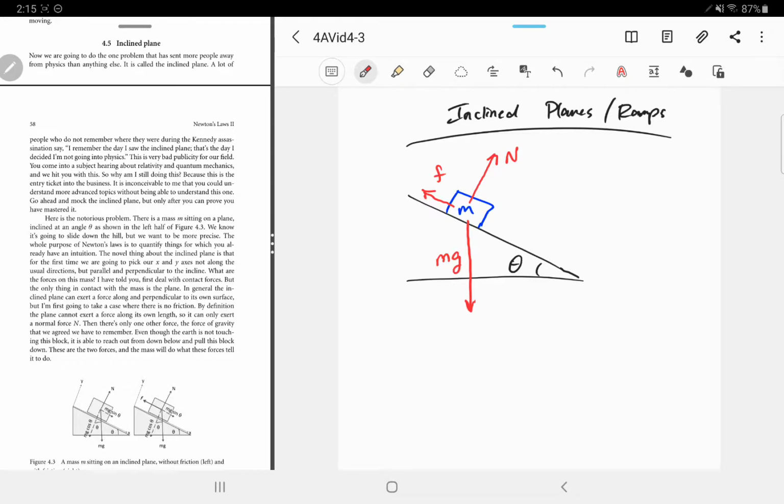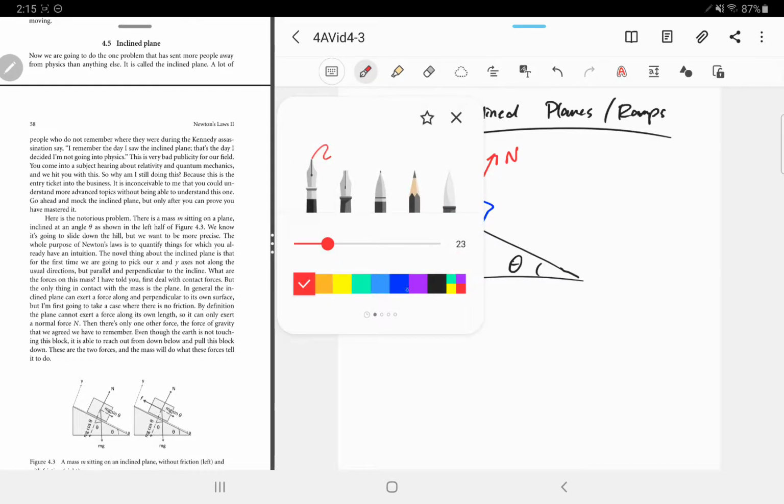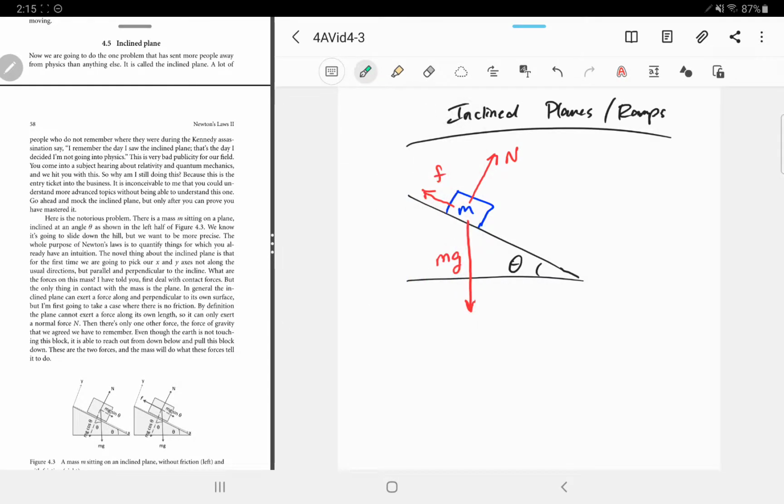So this is your first exposure to a problem where it's actually easiest to introduce a coordinate system that's not just vertically upwards and horizontal to the right, but actually along the ramp and perpendicular to the ramp. So the normal force is what we're calling the y direction, pointing in the y direction.